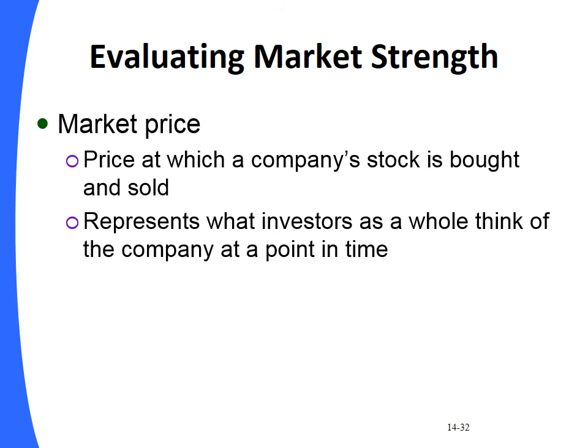So market price is the price at which a company's stock is bought and sold, and it changes by the minute. If you have a second, Google a company you're interested in, like APPL is Apple. And if you just type that into your Google bar, it will pop up and show you what the stock's value is trading at right now, if the market is open. And it will change minute by minute.